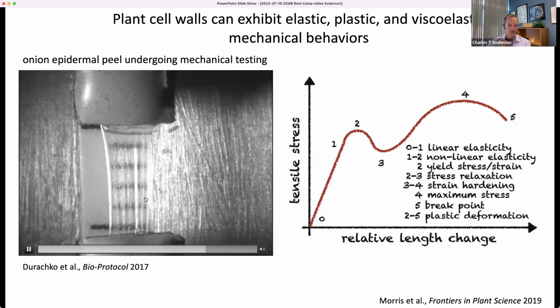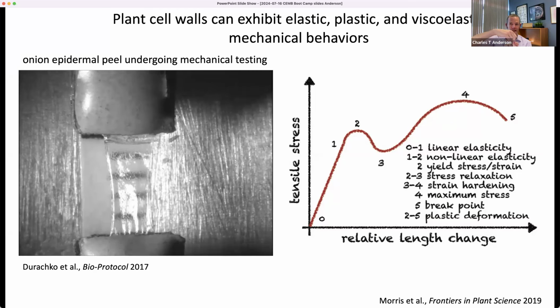And they're doing this in a cyclic way. So they're cyclically loading and unloading, right? They're stretching and unstretching the onion material. And from measuring both the relative length and the actual mechanical stress that's being placed on the tissue, they can derive interesting information about how that plant cell wall material, in this case, it's actually just a single layer of cells that are connected to each other, but have properties that are determined by their walls.